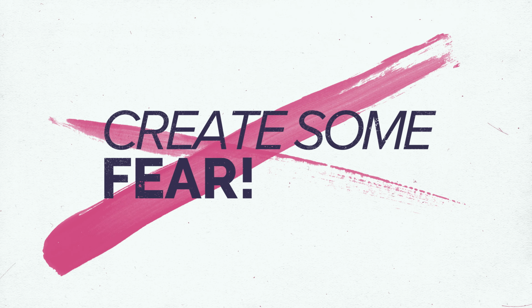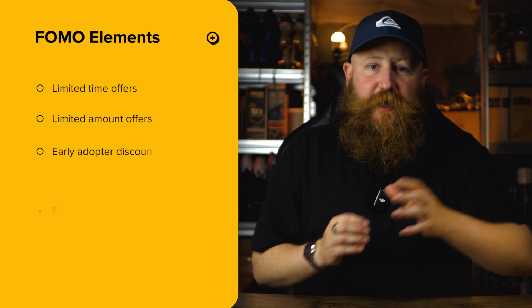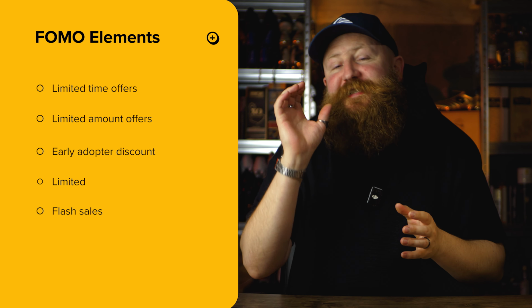Step number 4 is something that's been proven to work time and time again, and something that I've seen success with an awful lot, and that is by generating a feeling of FOMO, a fear of missing out. So you want to have limited time offers. You want to have things that are very clear on your landing page as to this is only available for this amount of time or for this set number of people.